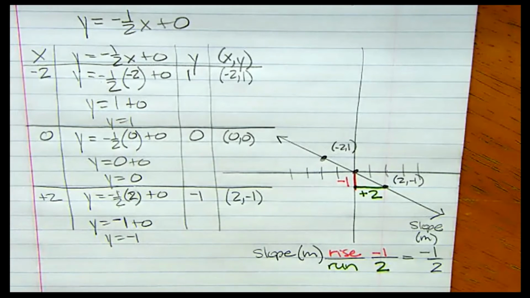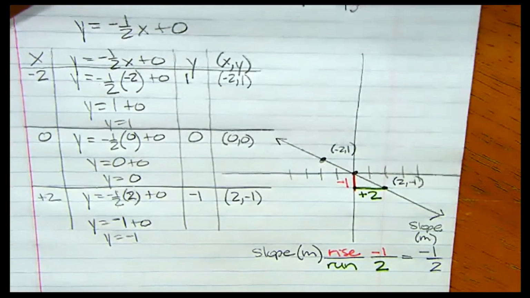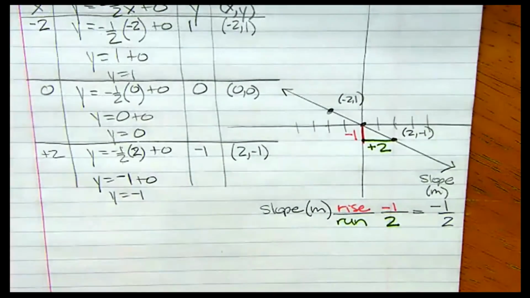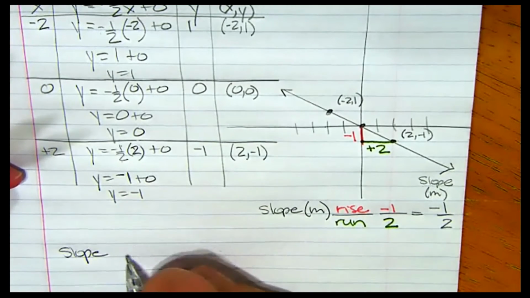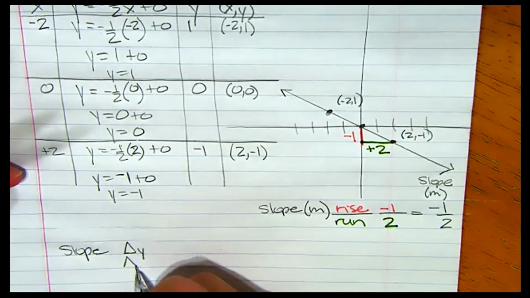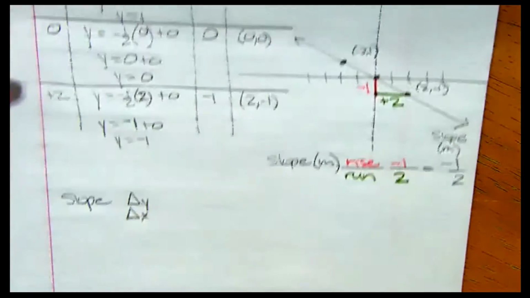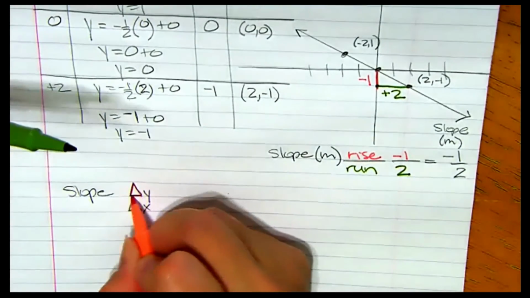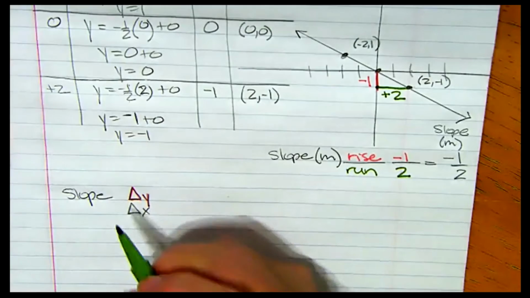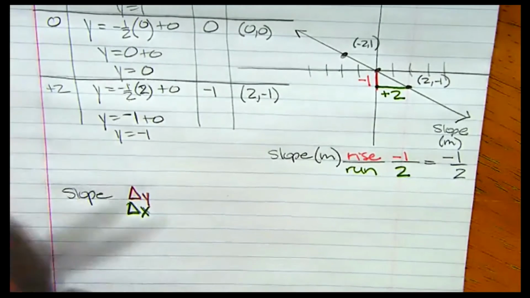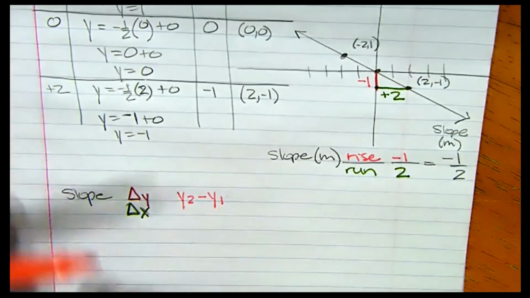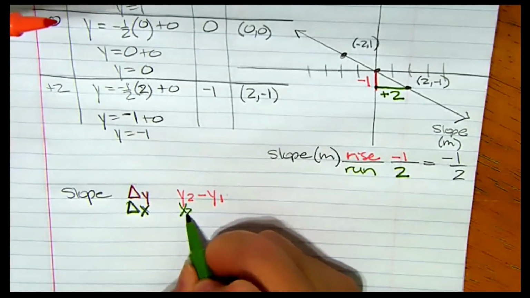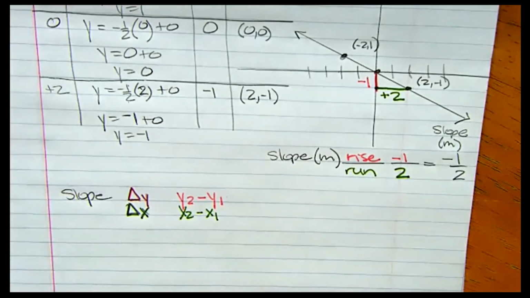Now we know there's another way to find slope. Slope is the change in y over the change in x, and that means y2 minus y1 over x2 minus x1.